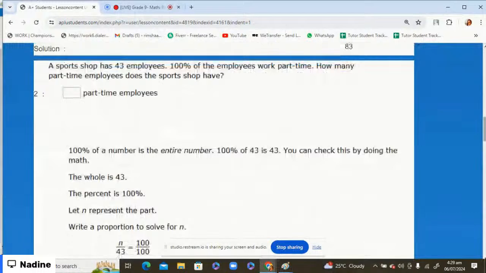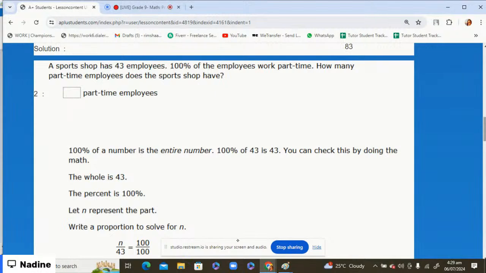A sports shop has 43 employees. The total number of employees is 43. 100% of the employees work part time. So how many part time employees does the sports shop have?